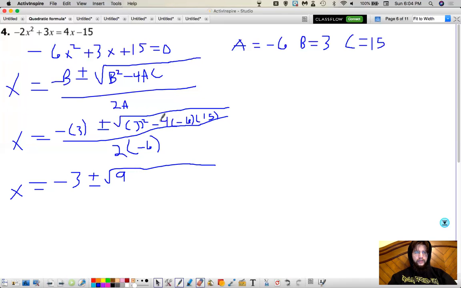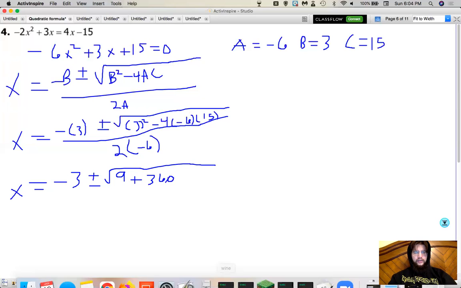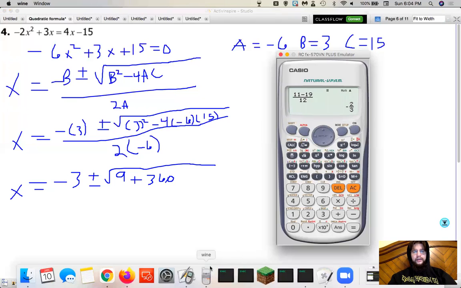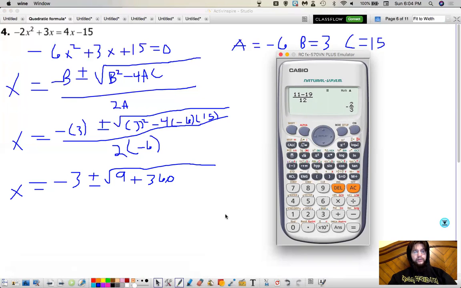9. 2 negatives makes a positive. 60 times 6 is 360. Double check that, because if you make an arithmetic error, it messes everything up. You don't want to make arithmetic errors. Use your calculators. Just use them. 369, yep.